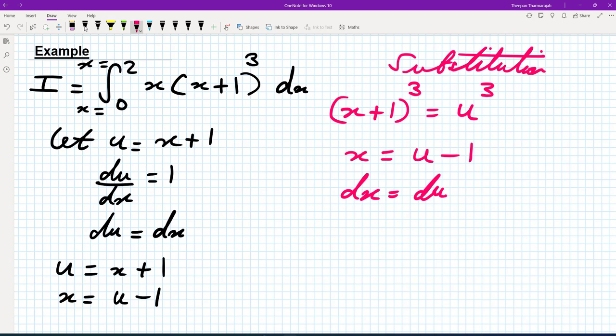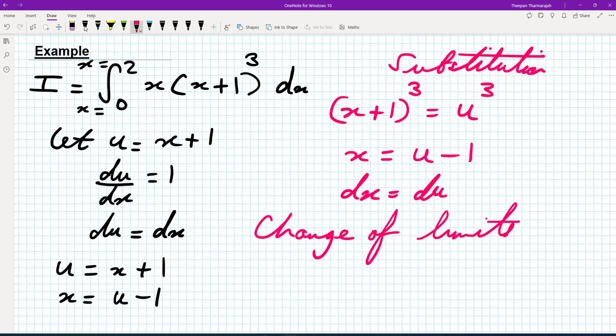So in an integration by substitution question, we need to change the limits. You make it explicit to the examiner, make it very vivid, and say the change of limits, and we show what that is. So when x equals 2, u is x plus 1, which is 2 plus 1.